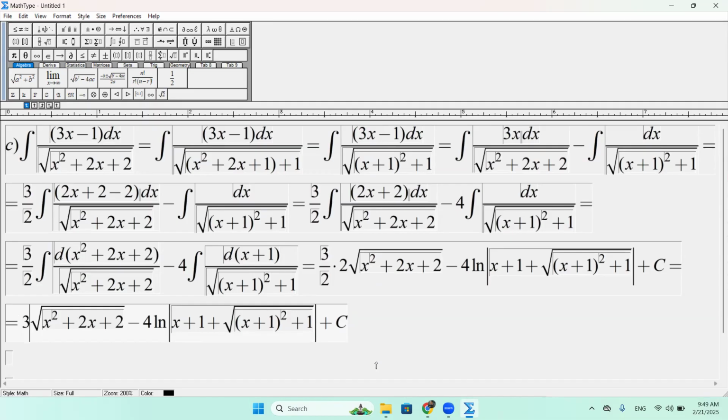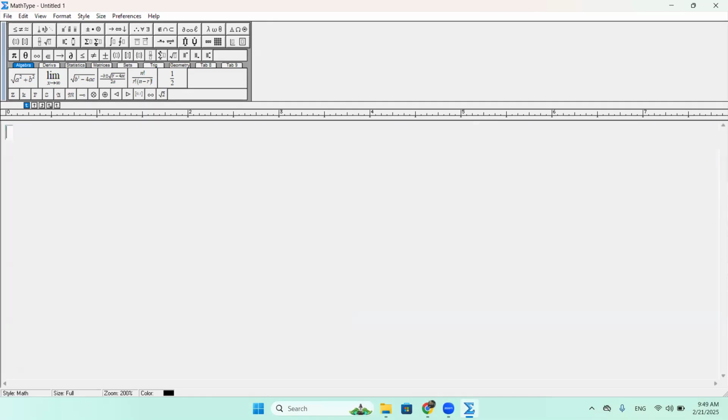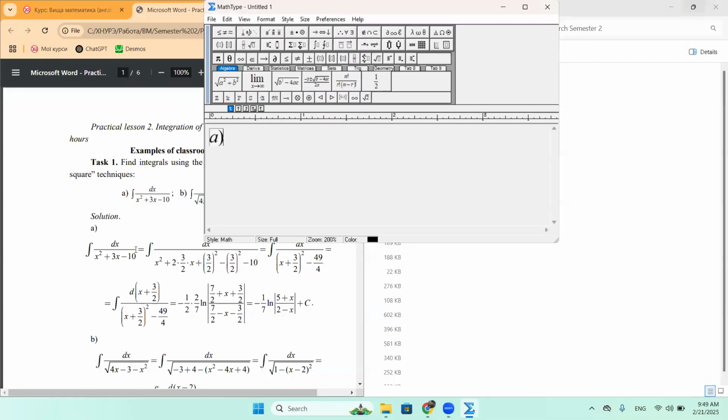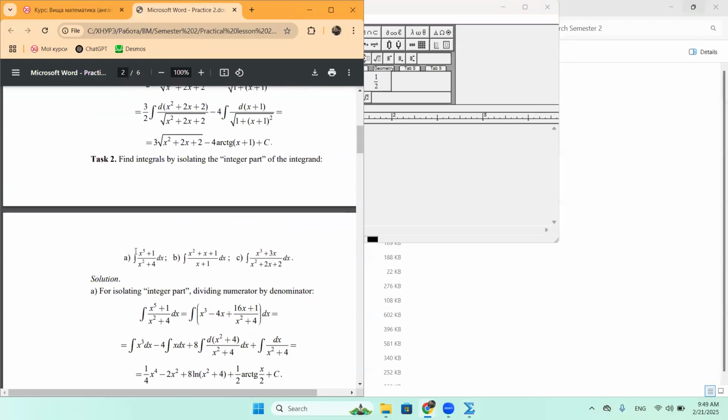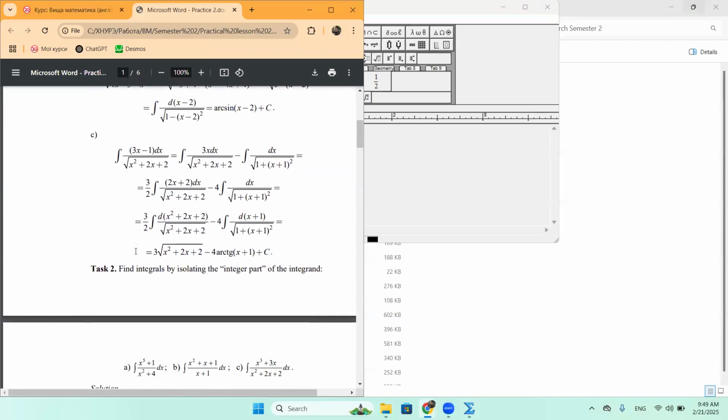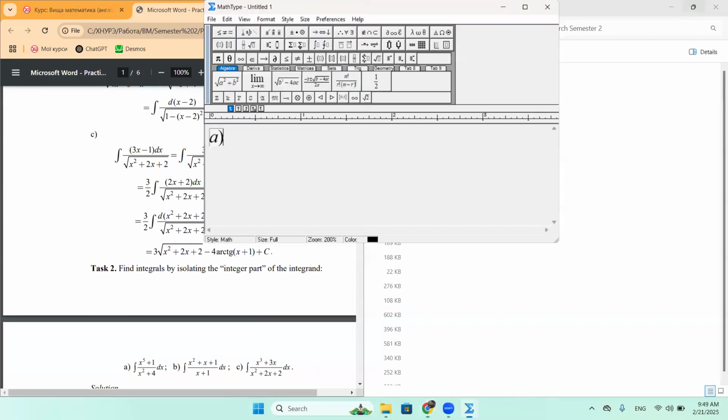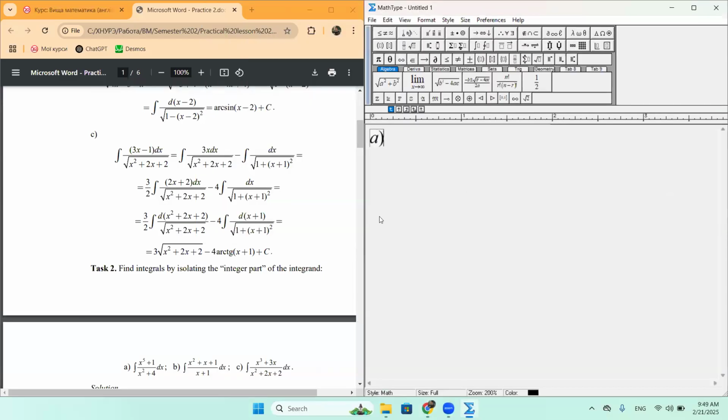Okay, good. If no questions, let's move to the next exercise, and we will use the other approach. So we will have other fractions. In this exercise, we need to find integrals by isolating the integer part of the integrand.